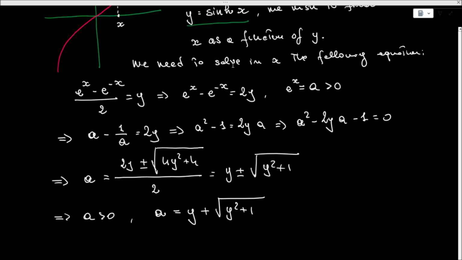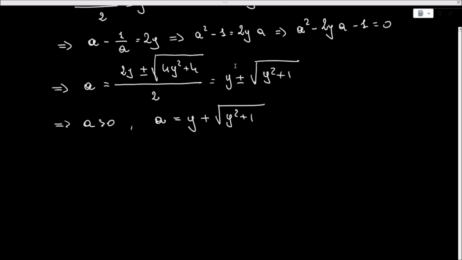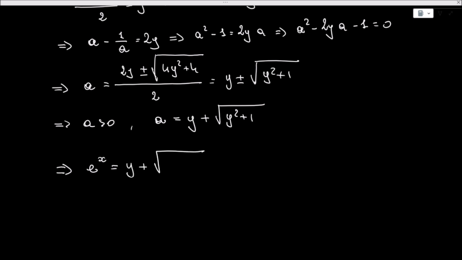Okay, we are almost there now because we just replace the a with e to the x is equal to y plus the square root of y squared plus 1, which finally gives x as the logarithm of y plus the square root of y squared plus 1.